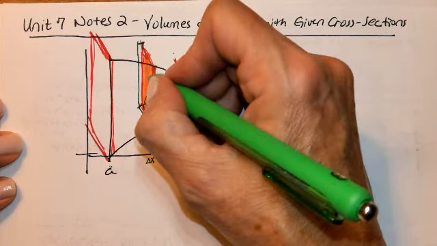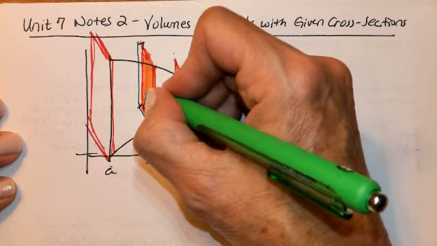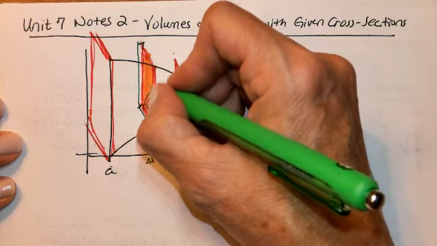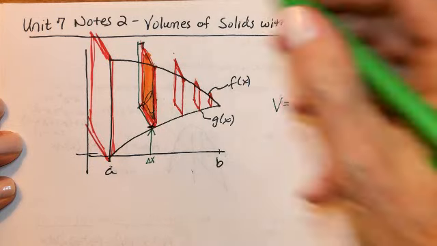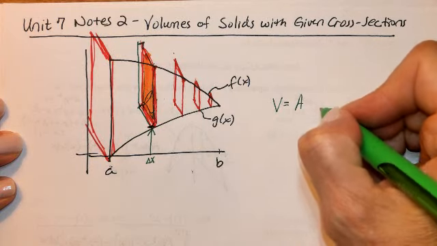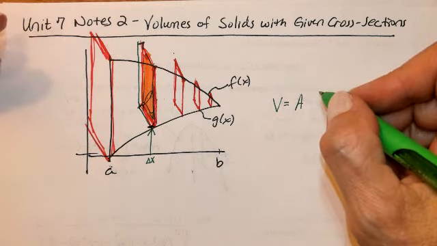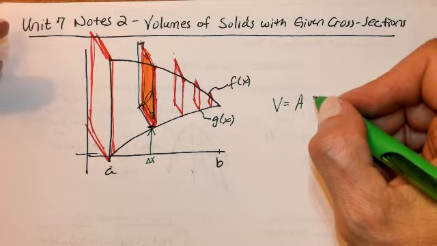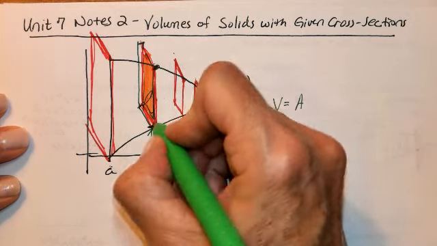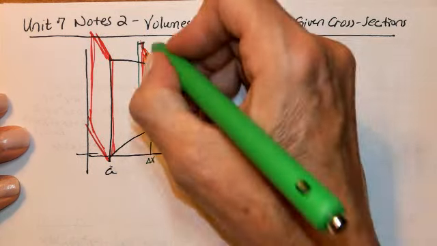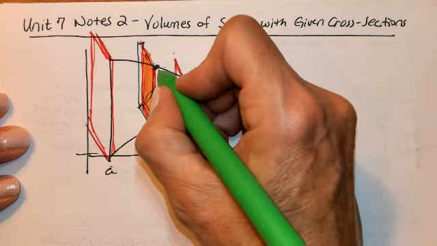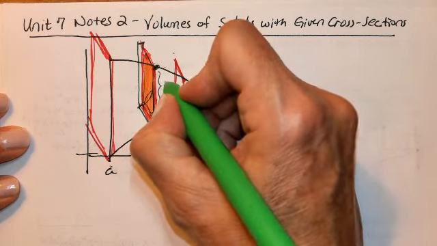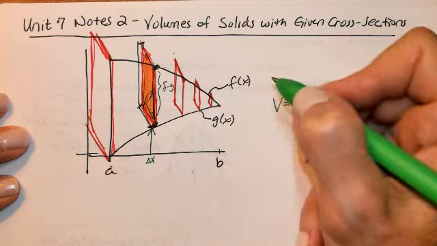So it would be the area of that slice, whatever it is. It would be the area of that slice, and that would be in terms of x, right? Because if we were finding the length right here, we did this yesterday, the length there would be f minus g, right?